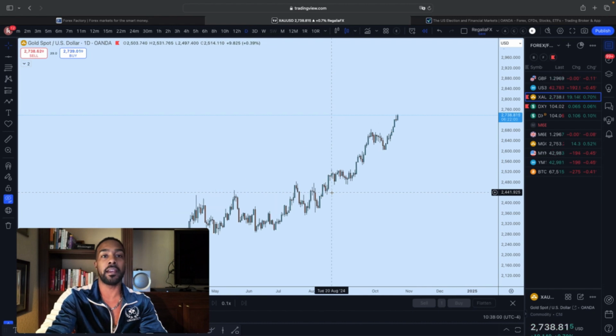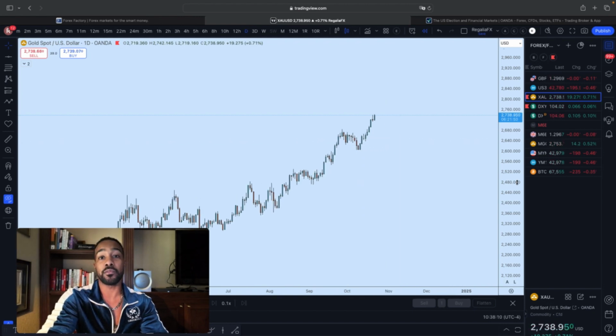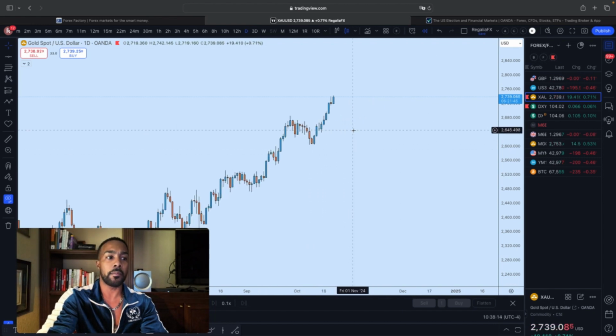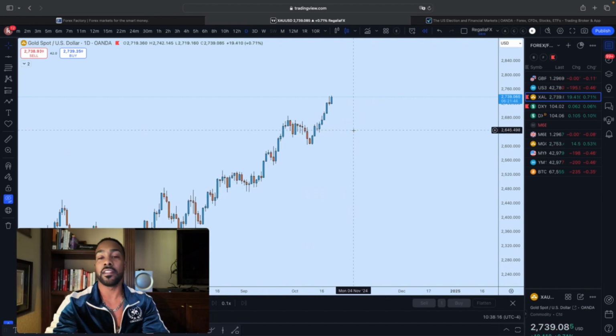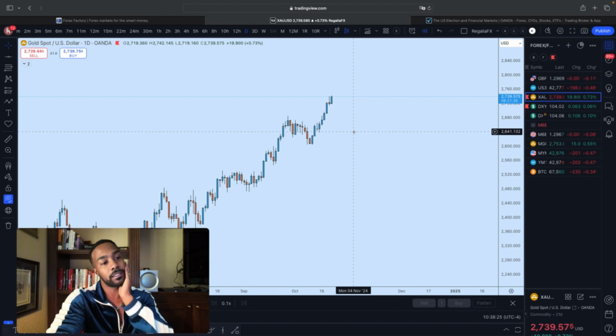So on gold, my game plan, especially with commodities, is to trade with the trend as much as possible going into the election cycle. So I'm going to try to shy away from shorting gold right now until the actual numbers come out from the election, which is November 5th. Sometimes with counting ballots it could be a couple days. The last election cycle, it took a couple days with the mail-in ballots and COVID and everything.